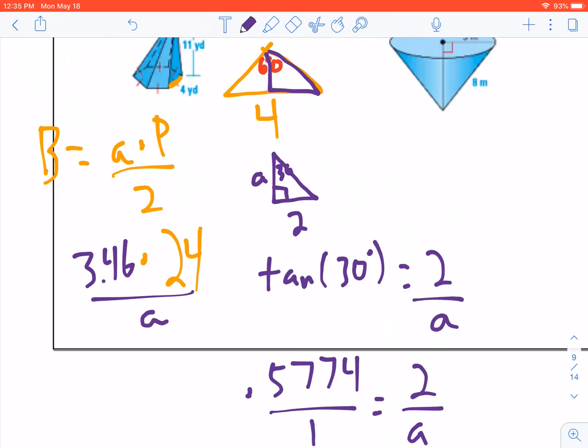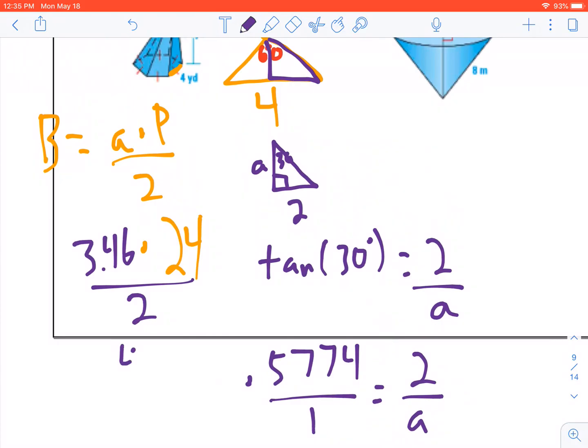So area of the base then is 3.46 times 24. Oops, divided by 2. We get 41.52. So that was the area of the base.